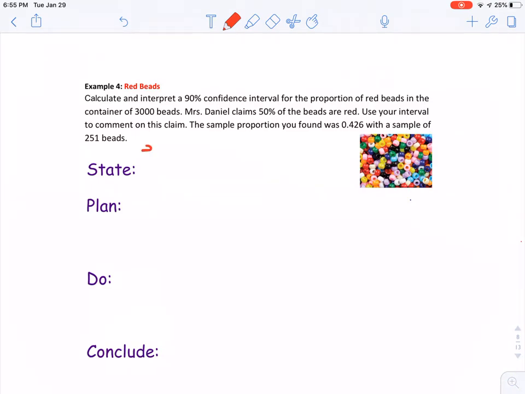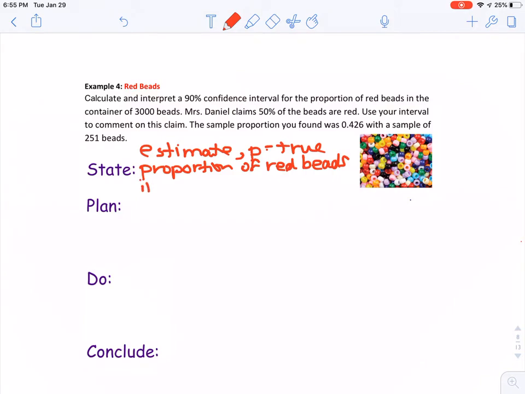Okay, so we are going to estimate P, which is going to be the true proportion of red beads in a container. Okay, and we're going to do this at a 90% confidence level.